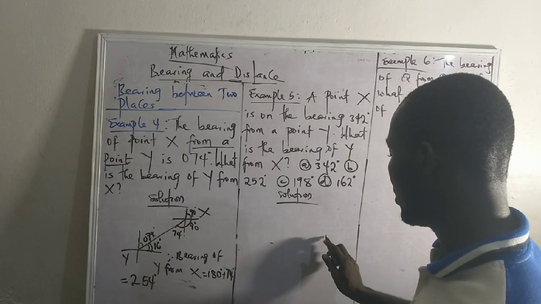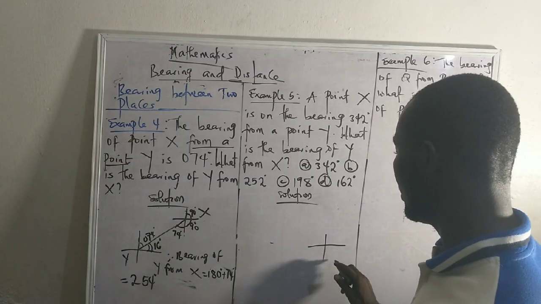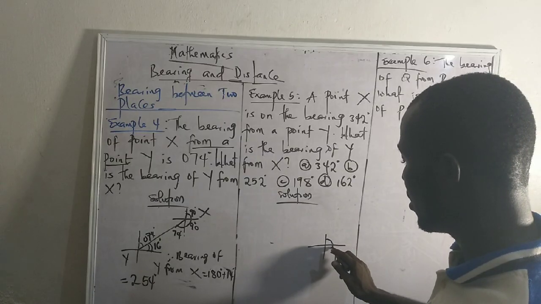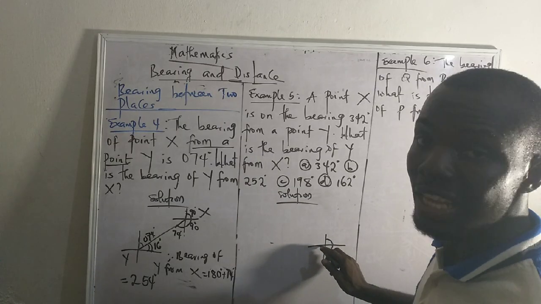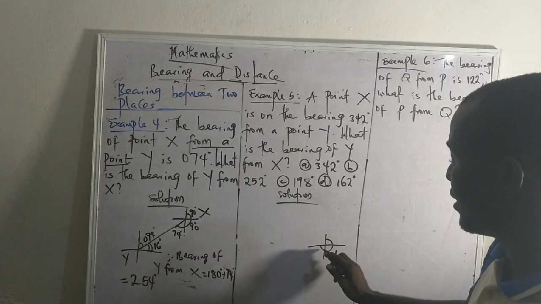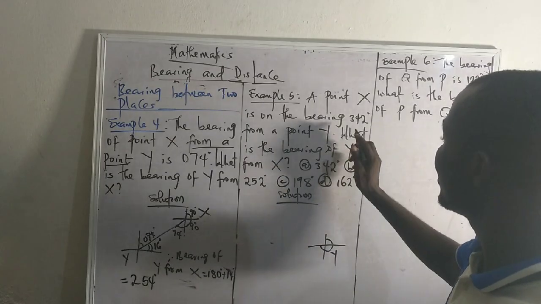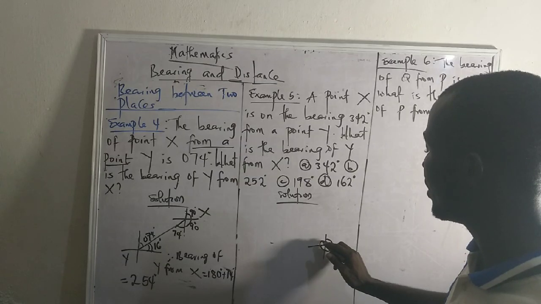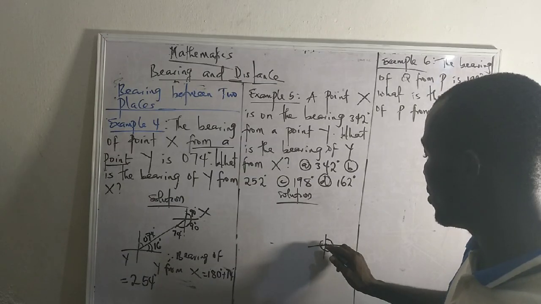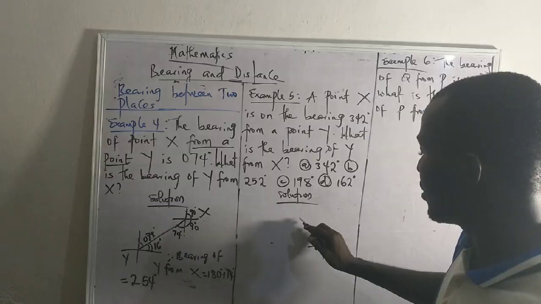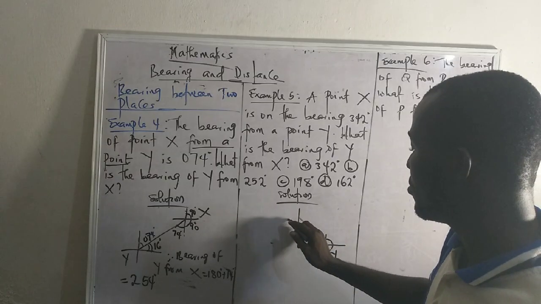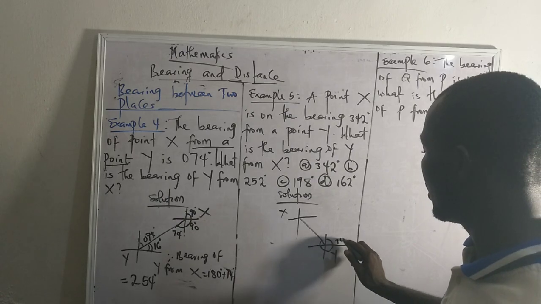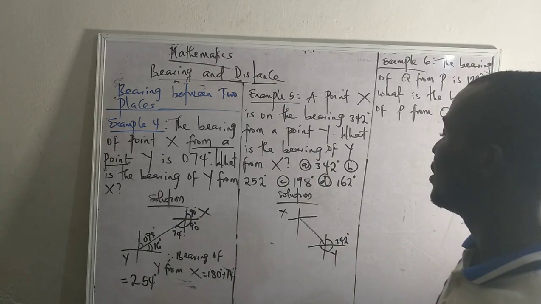I have this is my Y. So by the time I draw 90, 180, 270, I'm looking at 342. So this will be very close to the entire circle. It came here to the point X. So this is 342 degrees.